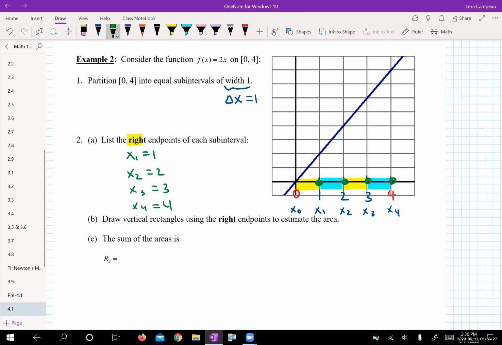And if you want to create the rectangles based on this, they're going to give you the height. So the vertical rectangles that I draw right now are going to be calculated using the y value associated with these right-handed endpoints.